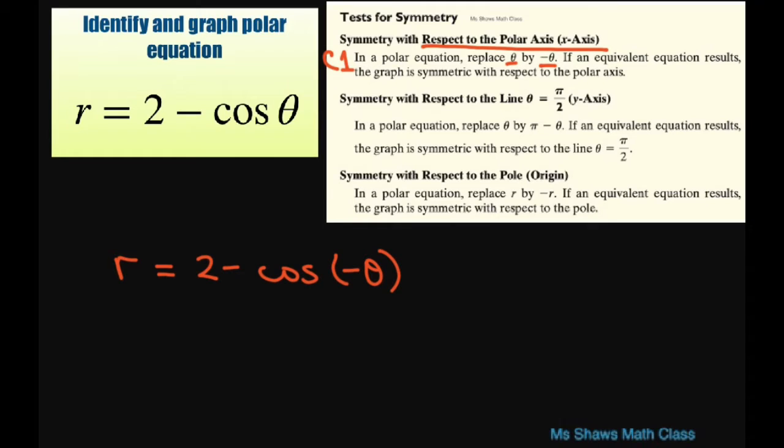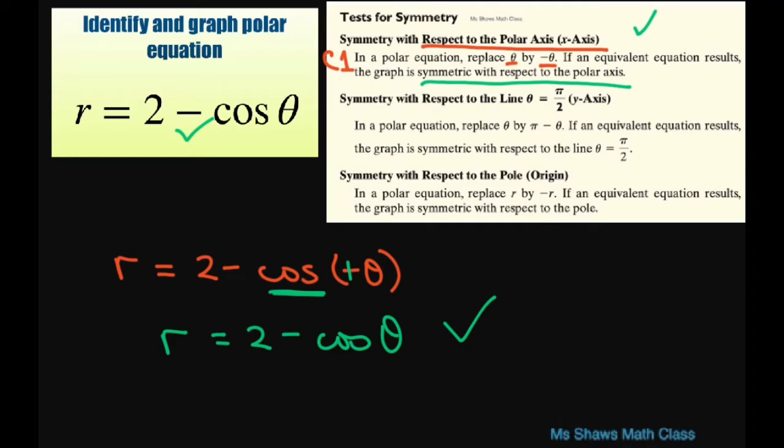Cosine is an even function, so cosine of negative theta just turns to positive. So we get r equals 2 minus cosine of theta, which is equivalent to our original equation. So this test passes, and our graph is symmetric with respect to the polar axis, or the x-axis.